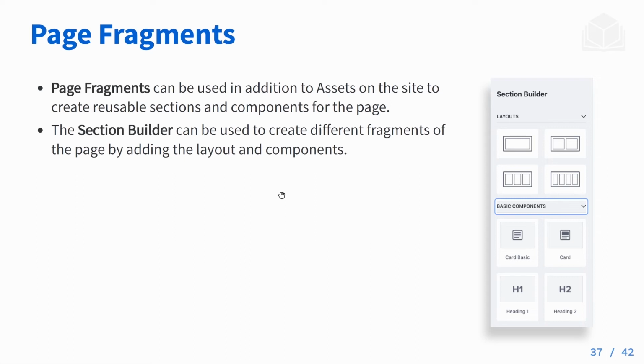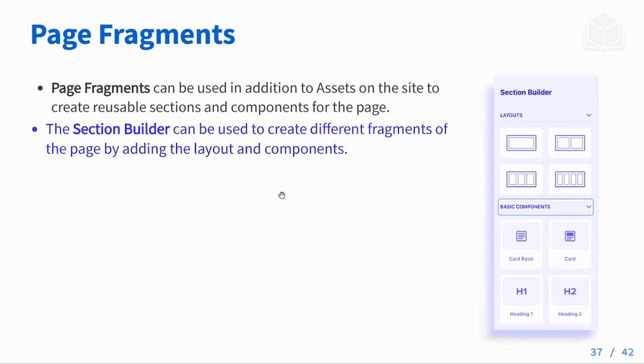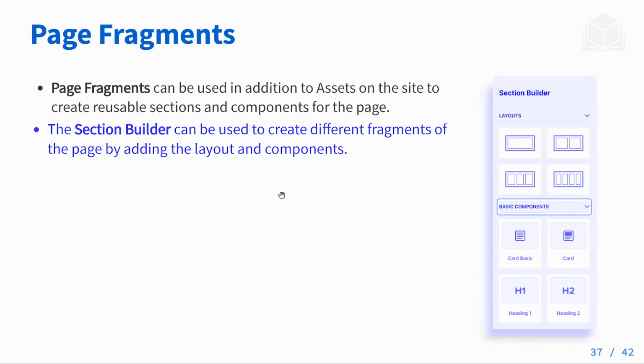With a page fragment, you can make them in two different ways. You can use the section builder if you're not a front-end engineer who's familiar with HTML, CSS, and JavaScript. Using the section builder, anyone can go in and create their own fragment using that user interface.